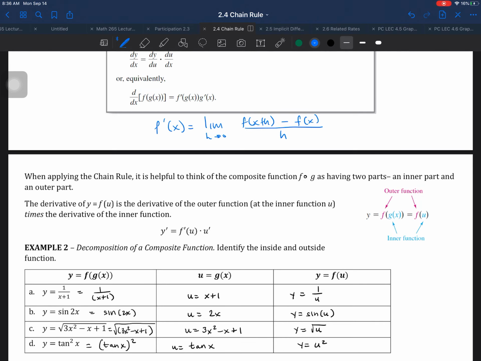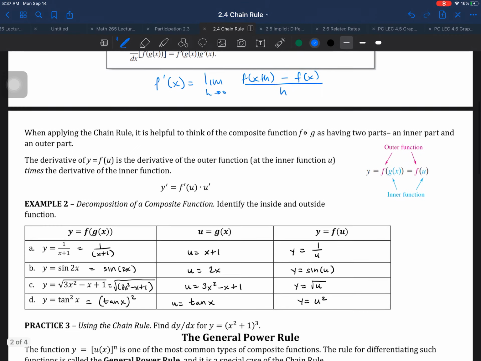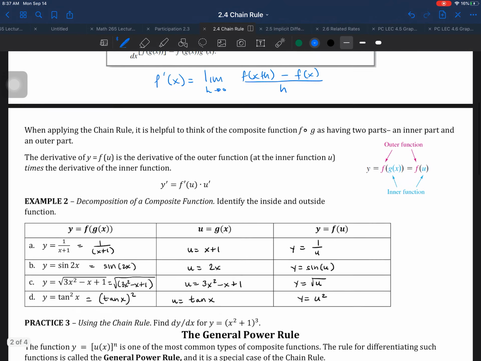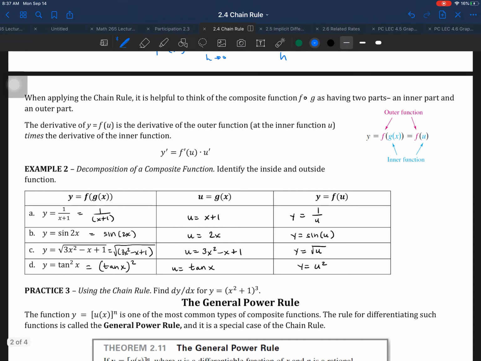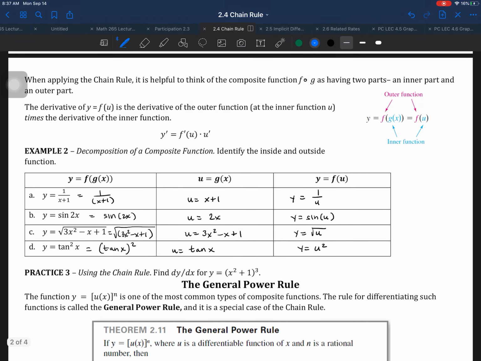Obviously in this example you have to adjust because we have a function inside a function, so the process will be a little more technical, but the idea is that it comes from this definition. Now the rule makes everything much easier. You don't have to do this limit over and over again. Now we have a rule that we can just jump into.